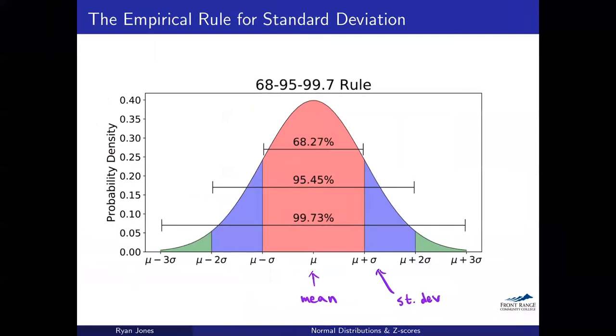What this graph tells us right here is that if we move 1 standard deviation above the mean and 1 standard deviation below the mean, mark down those heights, and then ask ourselves how many people are in between those heights, it's 68.27% of the population.